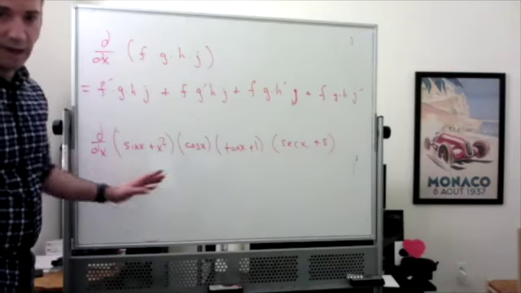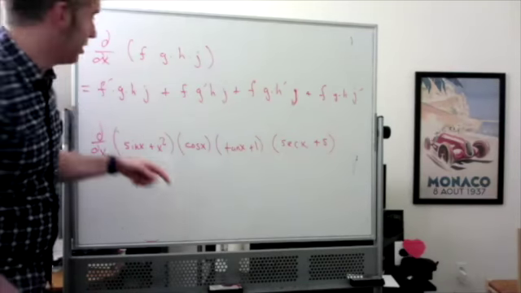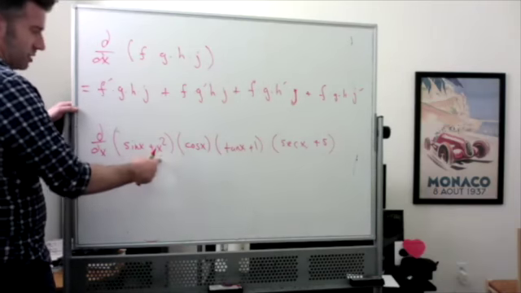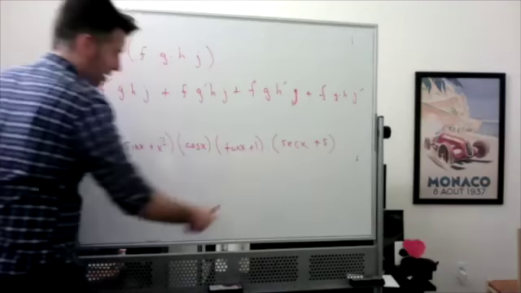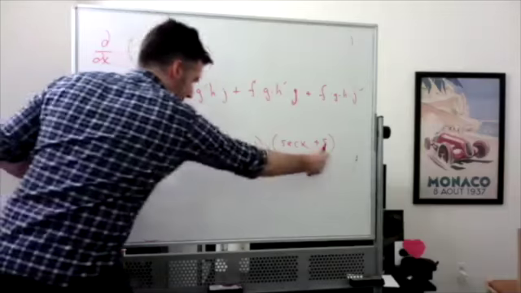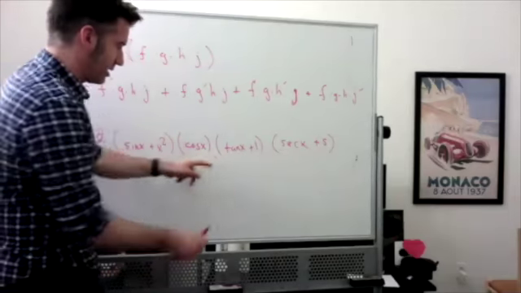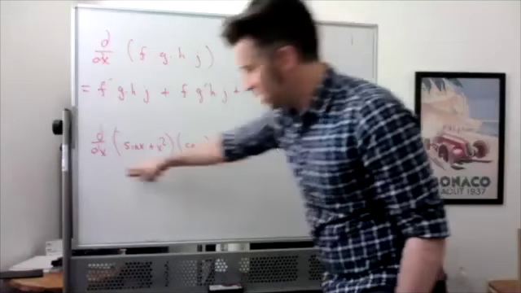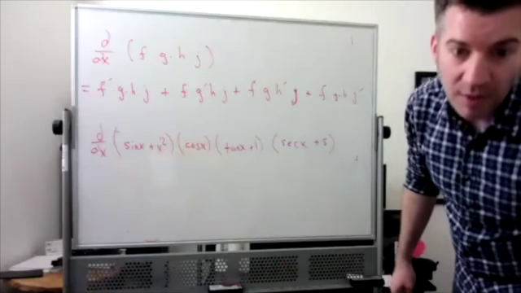You could, we're not going to do this because it's stupid, but you could say, okay, the derivative of this is cosine x plus 2x times these 3 things, plus negative sine x, the derivative of cosine, times these 3 things, plus secant squared x times these 3 things, plus secant x tangent x times these 3 things, right?